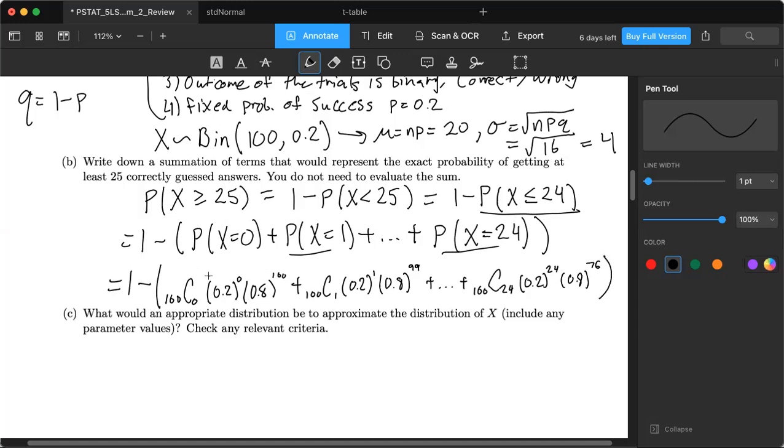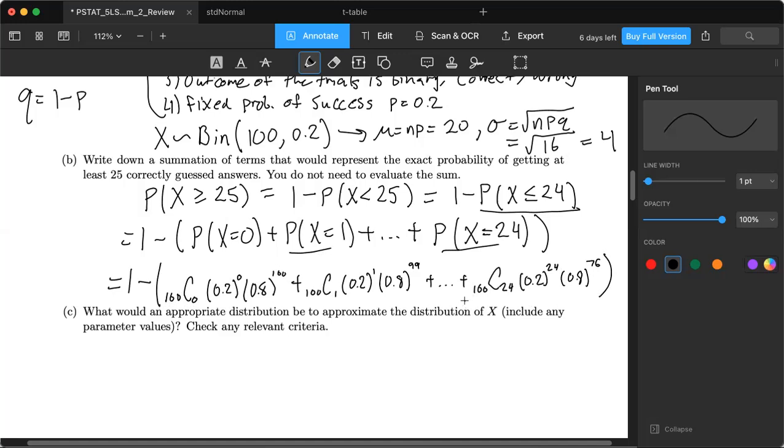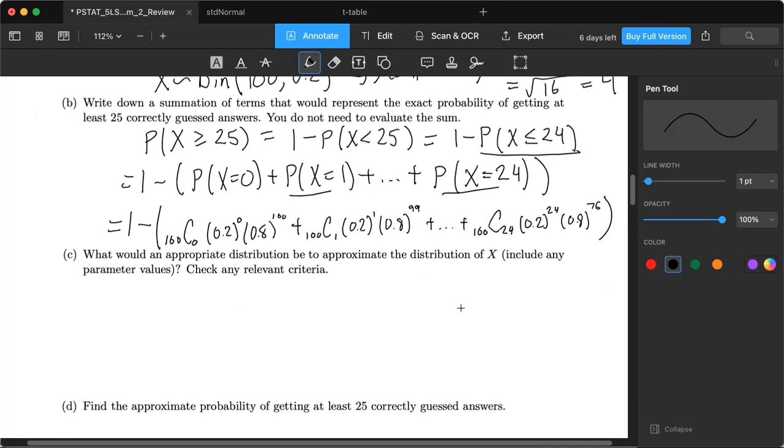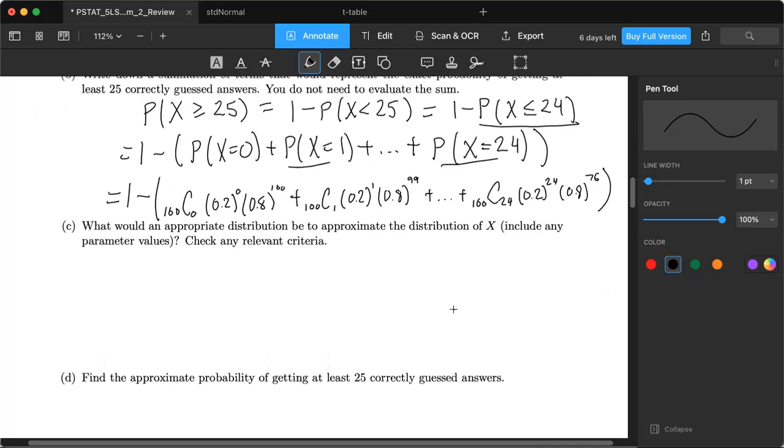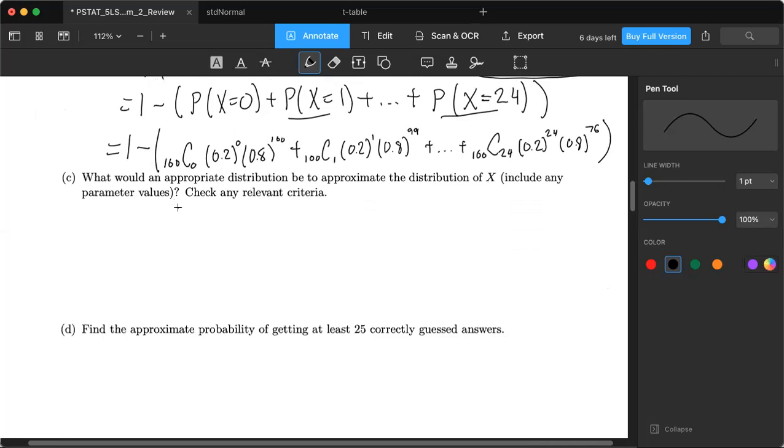So this would be, in theory, if we computed all of these values, and then 100 choose 0, 100 choose 1, 100 choose 24, those could be computed as factorials, right? This would be a nightmare to compute by hand. So moving on to part C then, instead of doing something like this, got a question.